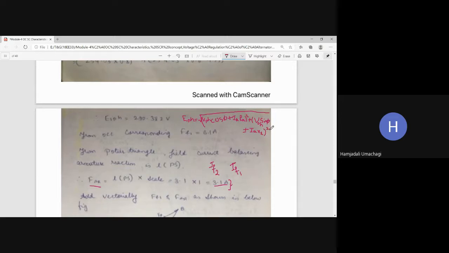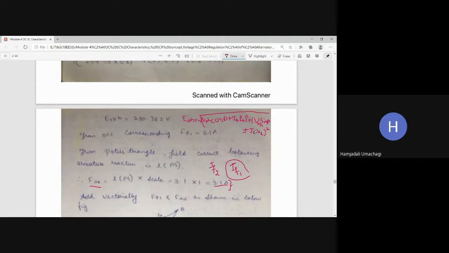So in order to calculate IF1, you should calculate E1 phase. To calculate E1 phase, the formula is the square root of (V phase cos phi plus IA RA) whole square plus (V phase sin phi plus or minus IA into XL) whole square.